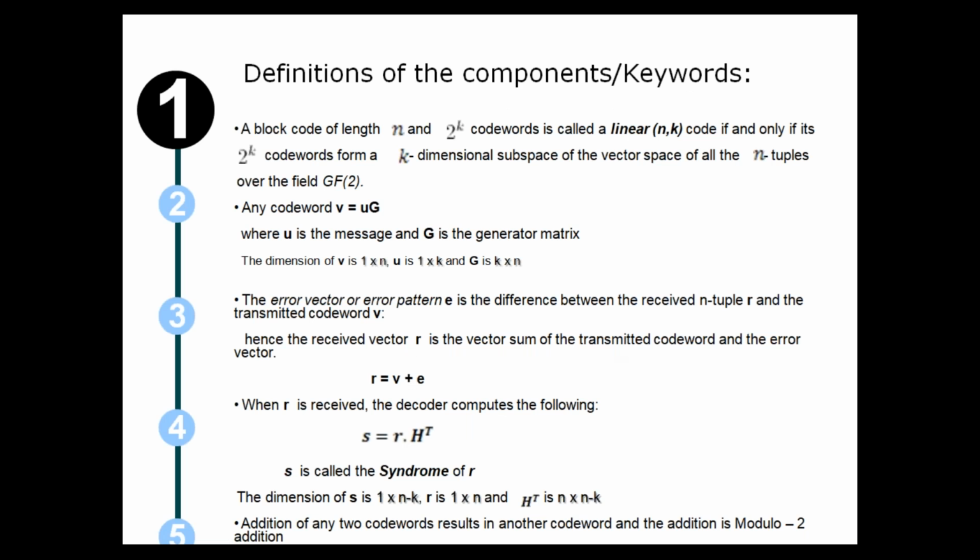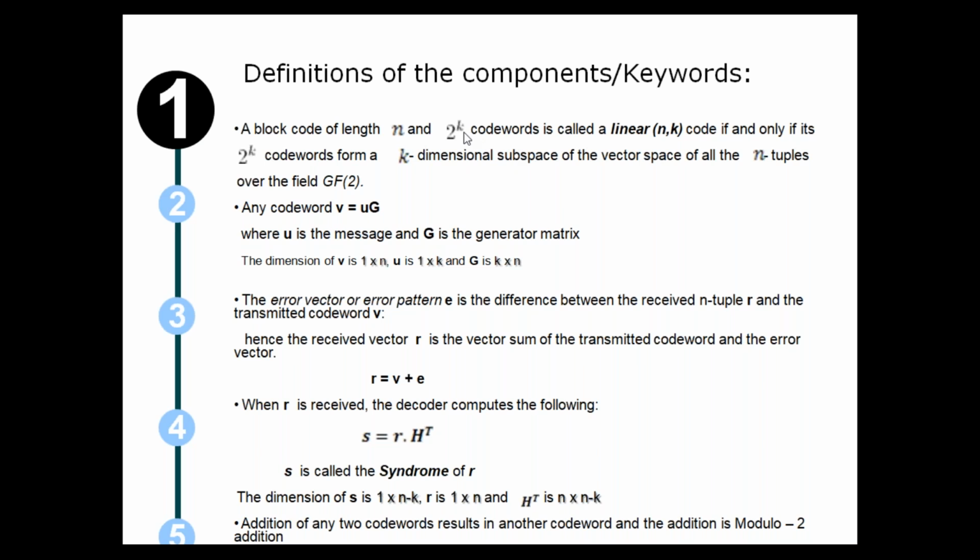Next we would like to see another method of decoding. In this slide, explaining the content we have already discussed, that is an (n, k) block code, there will be a code word of length n and 2 raised to k code words.